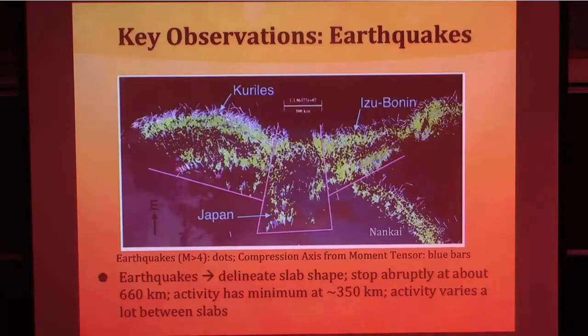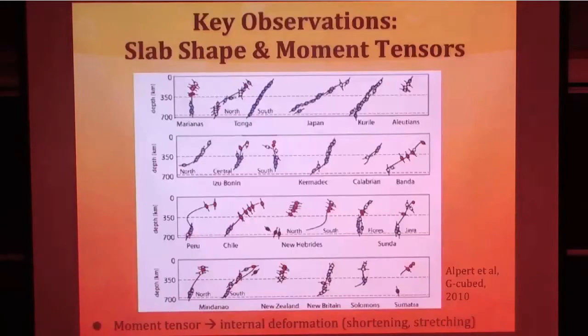But we can also use the moment tensors from these larger earthquakes to figure out what the stress state is. Not everybody's probably familiar with moment tensors, but a moment tensor is basically a way of using the observed seismic waves to invert for what would have been the strain at the location of the earthquake that caused that deformation.